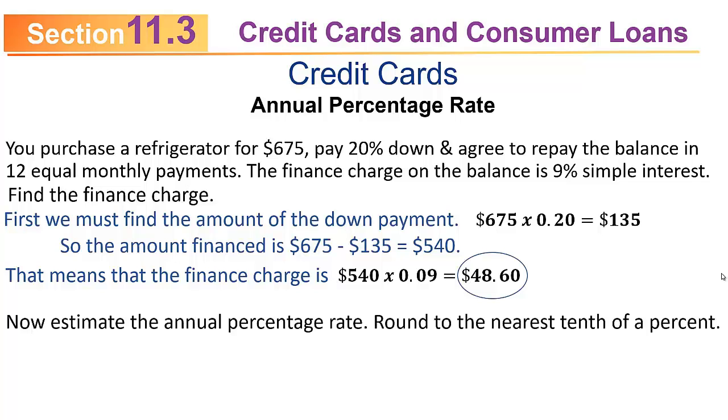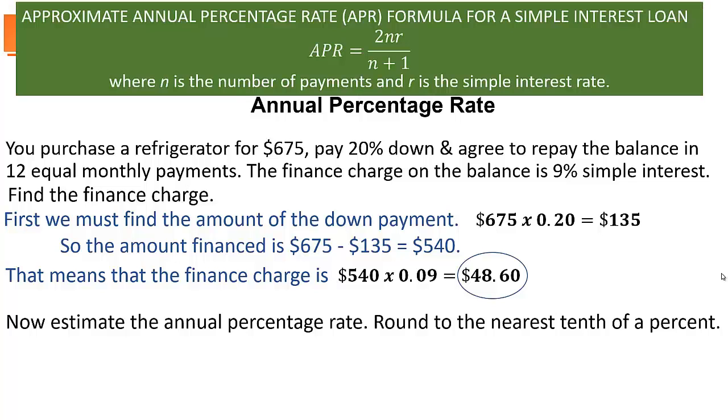Now let's estimate the annual percentage rate and then round to the nearest tenth of a percent. The estimated annual percentage rate formula for a simple interest loan, APR equals quantity 2NR over quantity N plus 1, is what you need, where N is the number of payments and R is the simple interest rate.